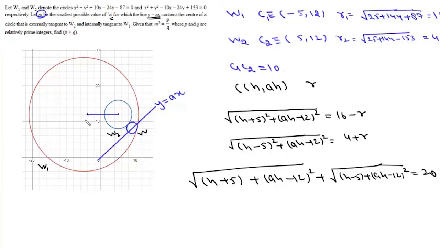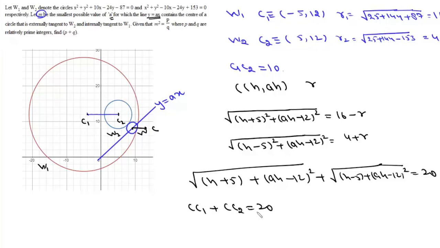Now this is the center of the circle C1, and this is the center of the circle C2, and this center is C. Now if you look at this equation, this is CC1 plus CC2, and it is equal to 20.